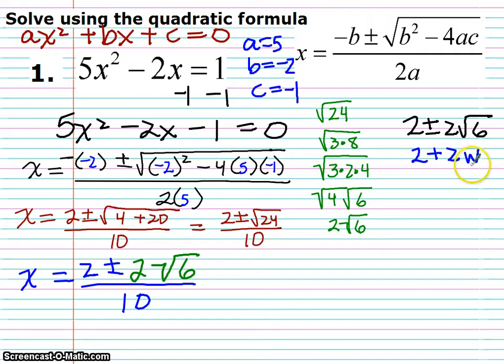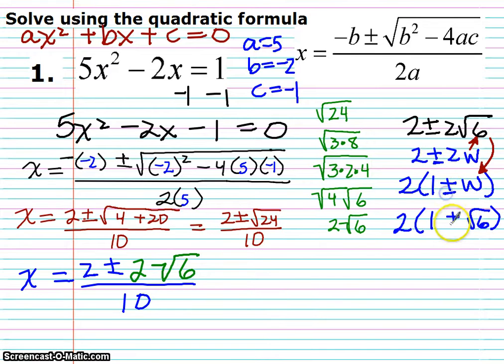So we've got this, and what can we do to that? Well, we'll factor out 2 using greatest common factors. And remember, w, we said, was the square root of 6, which means I can put the square root of 6 back in for w, giving me 2 times the quantity of 1 plus the square root of 6. We'll go ahead and put our plus or minuses back in, because it makes no difference.